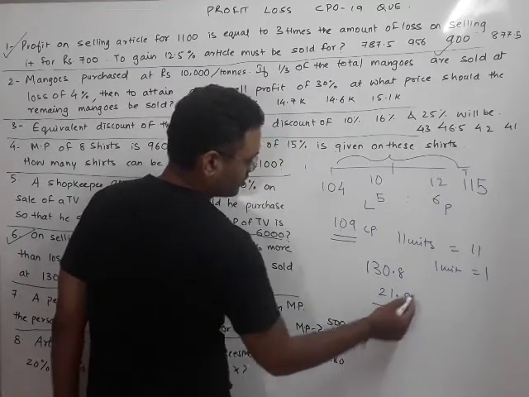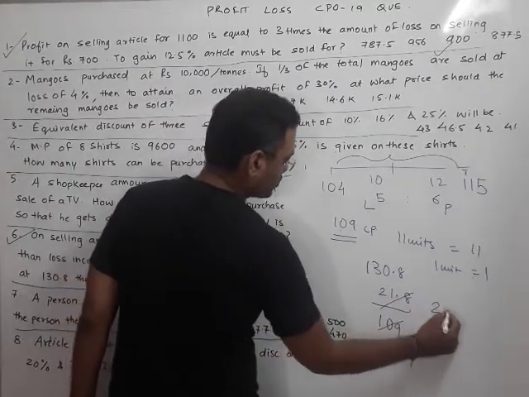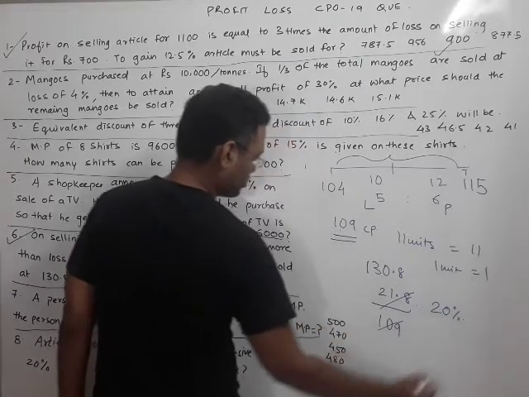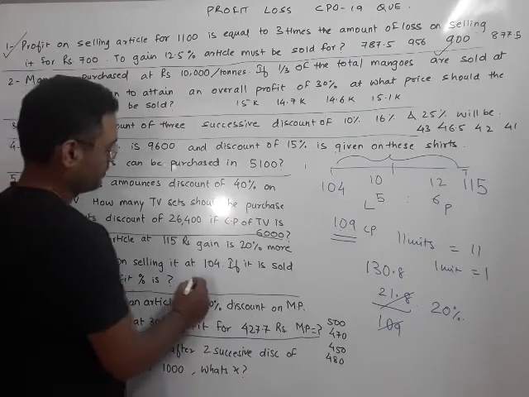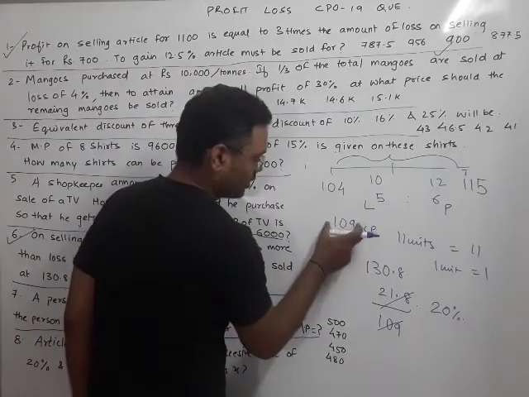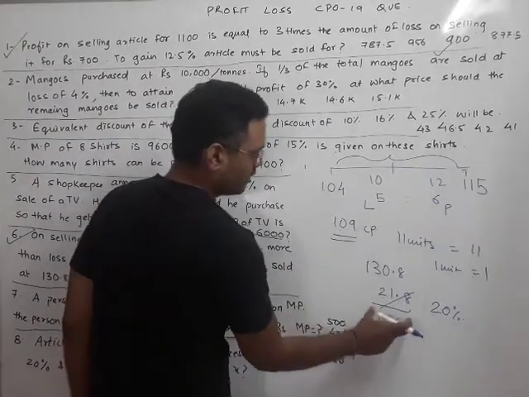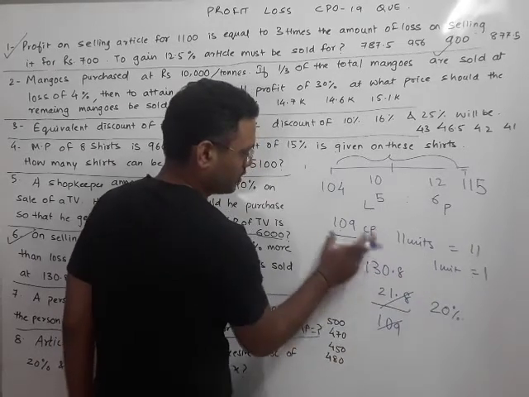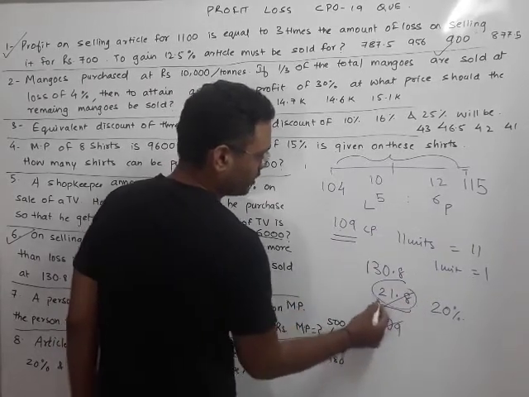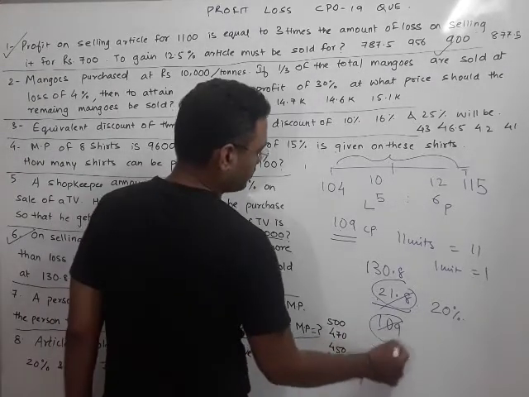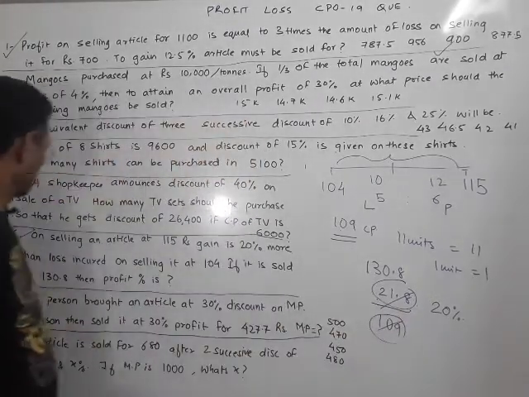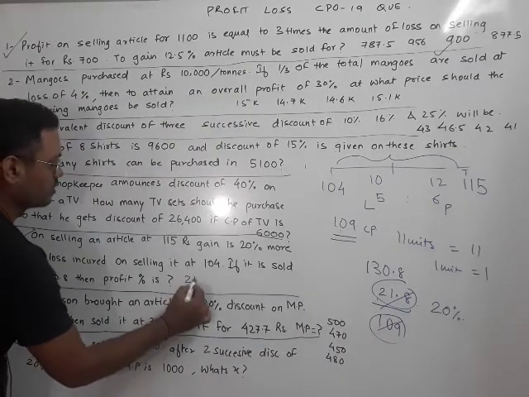It is twice. So it is 20%. What is his profit percent? It is 20. My 109 rupee article is sold at 130.8. What is the difference? 21.8. It is double of it. If you double this it is twice. Okay, so 21 is the answer.